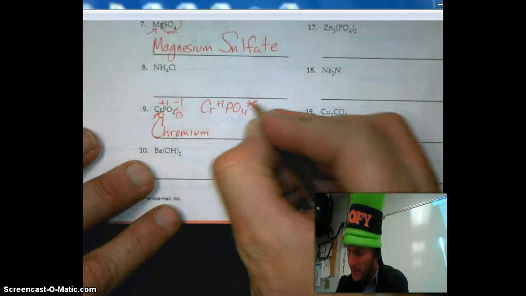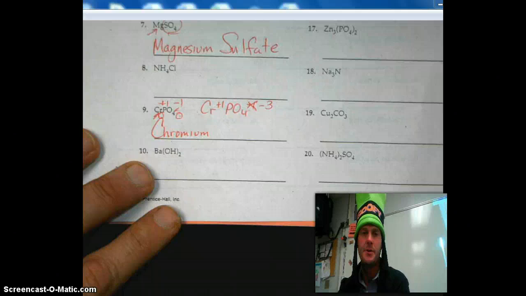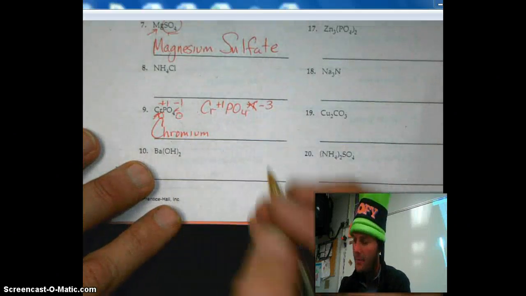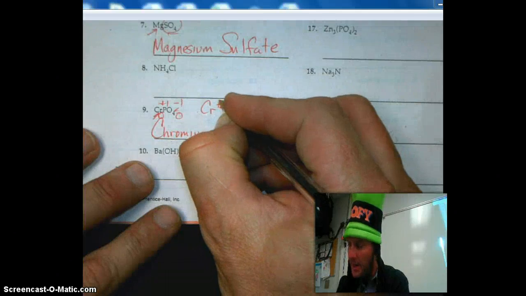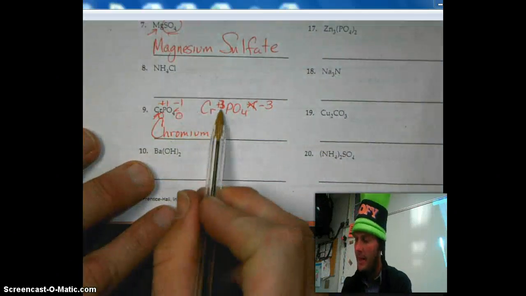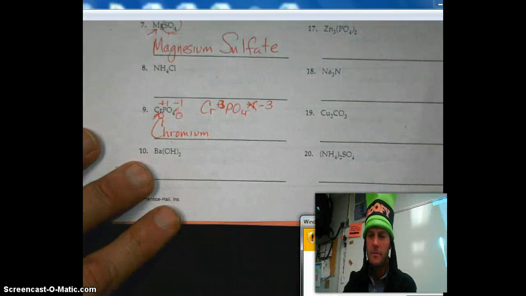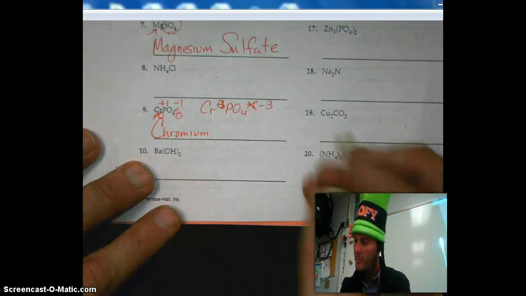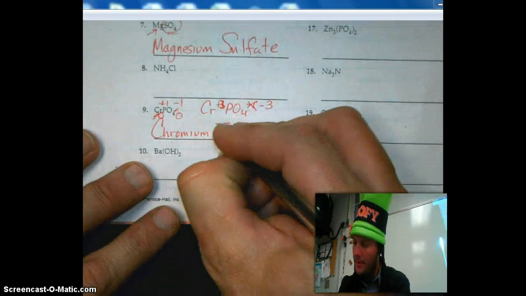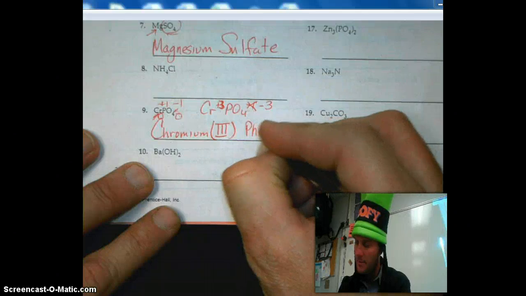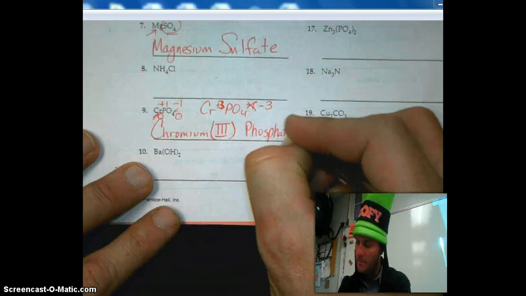No. It is a -3 charge. So if these were both 1s, and now you have a -3, this has to be a +3, so that they balance out and give you CrPO4. So you would call it chromium 3 phosphate. Okay?